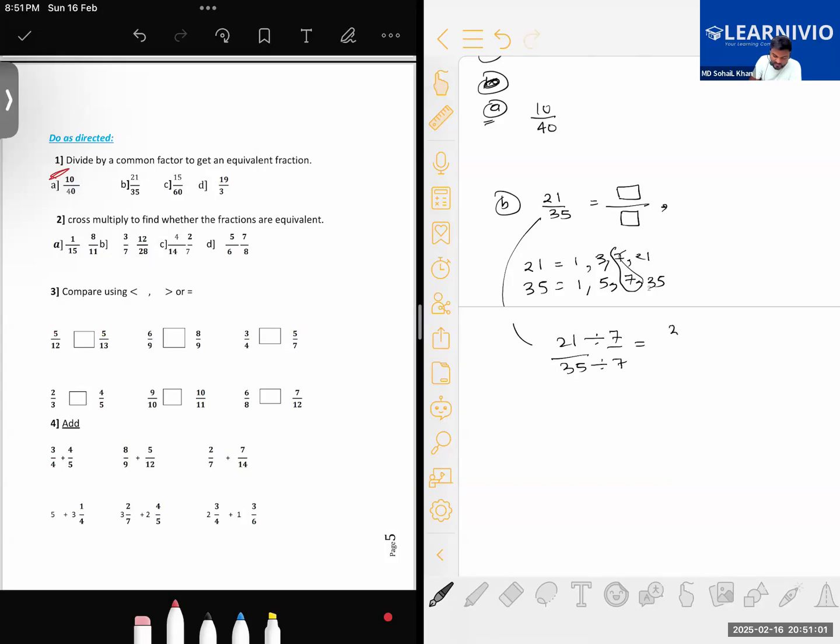That's going to be 3 upon how much? 3 upon 5. Very good. So 3 upon 5 is an equivalent fraction here. Like this, find the equivalent fractions of 10 upon 40, 15 upon 60 and 19 upon 3. Find it quickly.